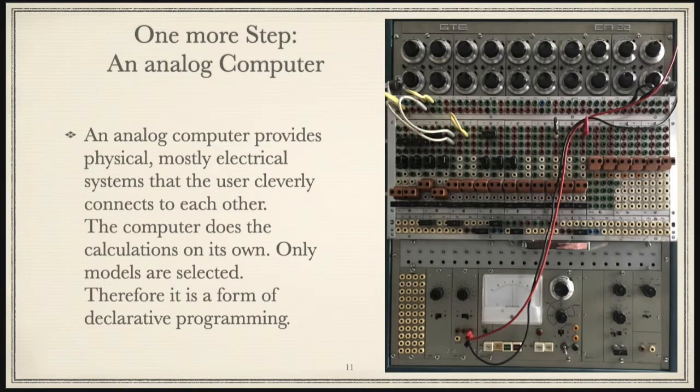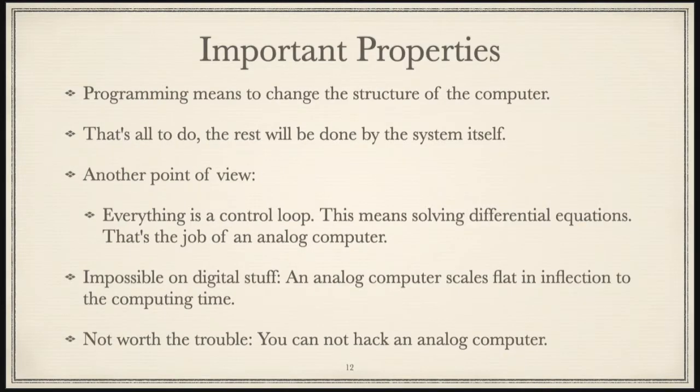An analog computer has some important properties. Programming means to change the structure of the computer. A very important property. That's all we must do. The rest will be done by the system itself. Another point of view: everything is a control loop.